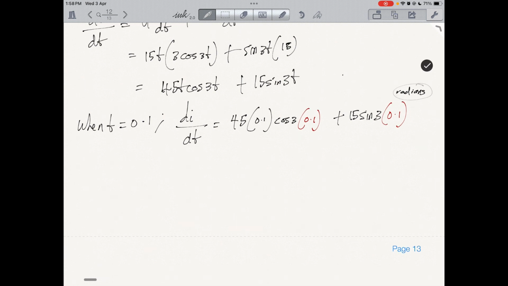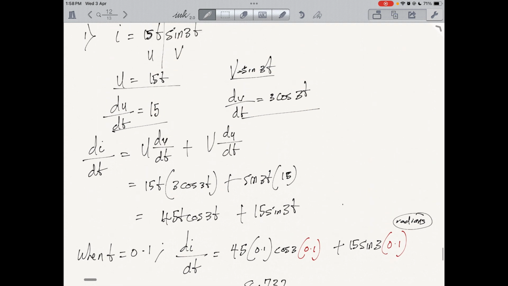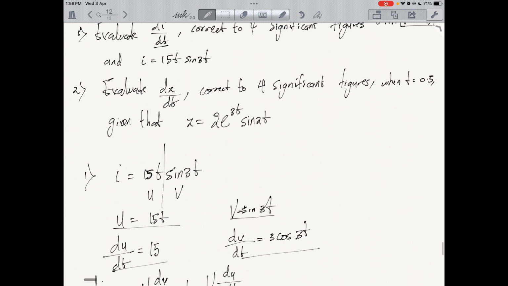Very important. So when we solve this, we will have our answer to be 8.732.